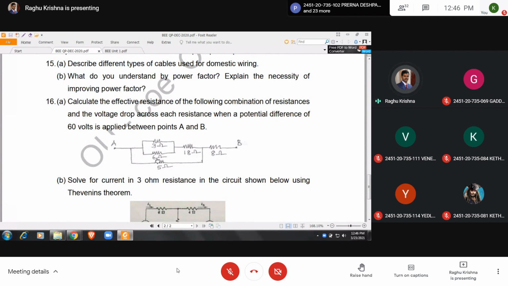And this combination, let me draw here. See here.